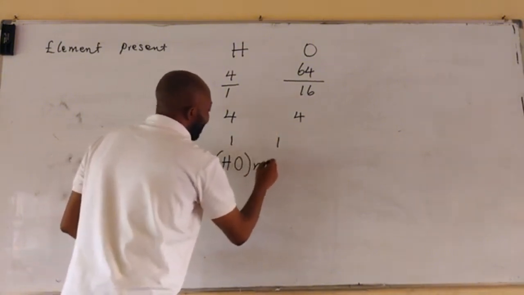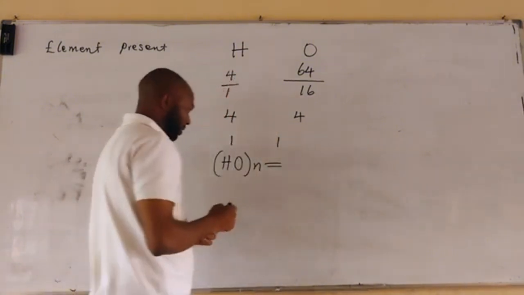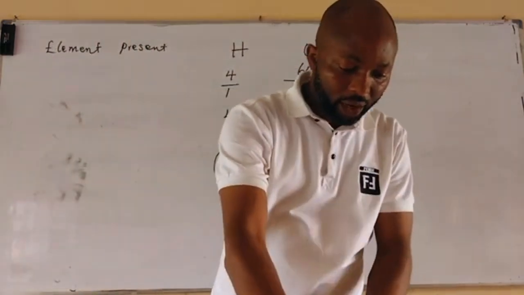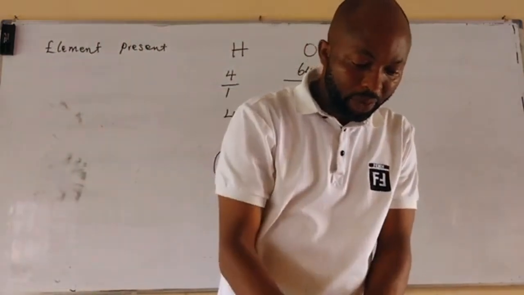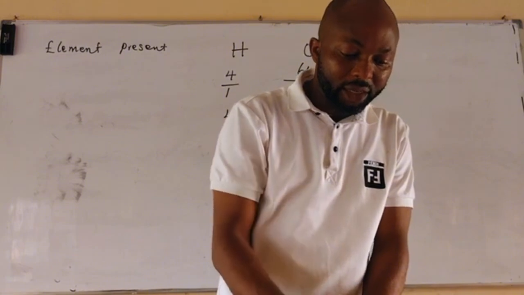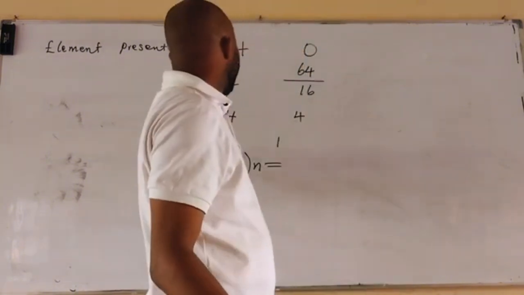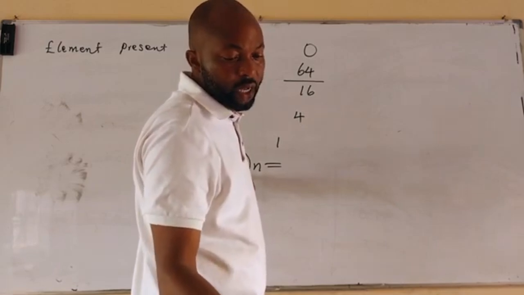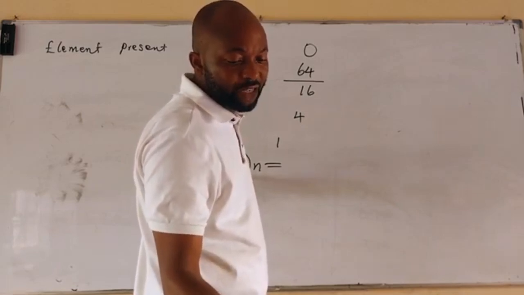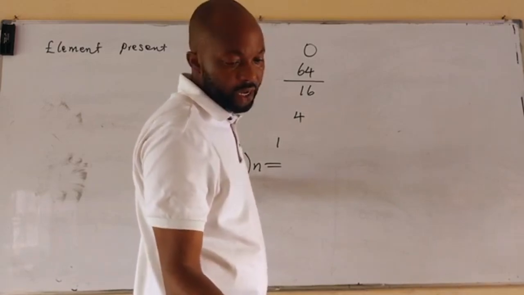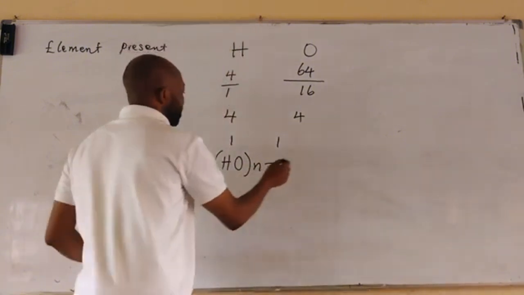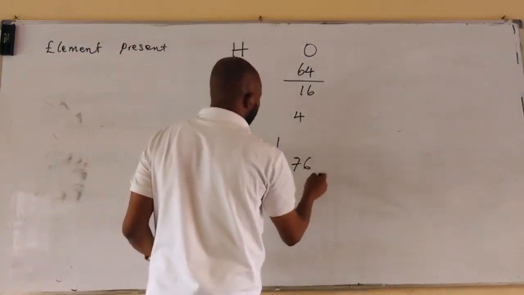Open bracket, n is equal to the relative molecular mass. Now, what is the relative molecular mass? Determine the empirical formula. This is the empirical formula, which is HO. If its relative molecular mass is 76, determine its molecular formula. So now we want to get the molecular formula, which is equal to 76.